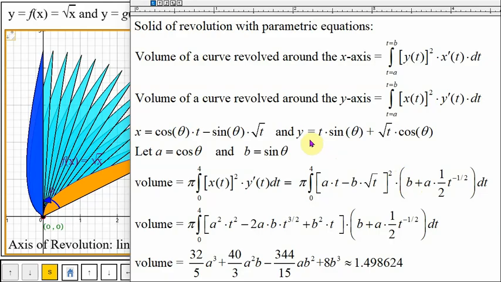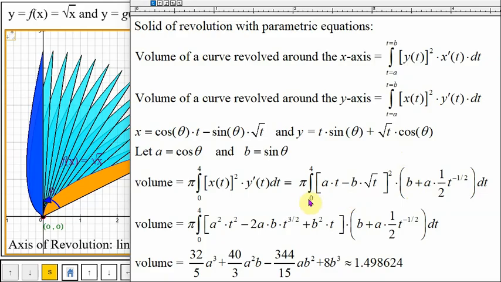Then the derivative of y of t is the derivative of this expression: t times B gives just B, and then A times the square root of t gives A times 1/2 times t to the negative 1/2.